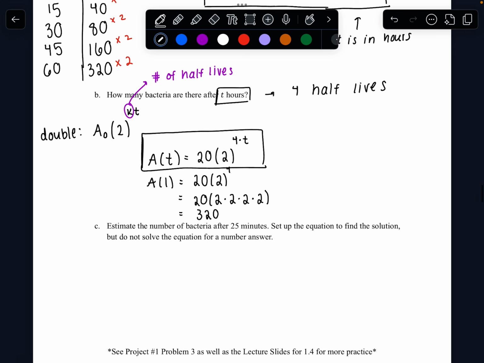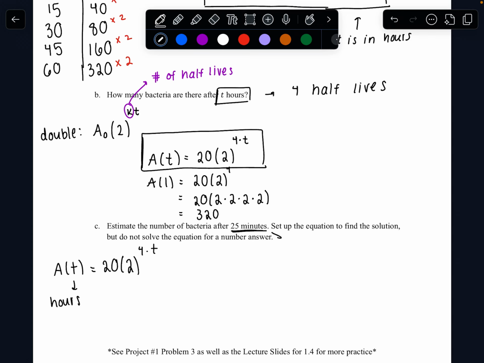Estimate the number of bacteria after 25 minutes. All right, let's use the equation we just wrote in part B. But remember, A of T in this case is in hours. So if I plug 25 right into here, that's going to give me the amount after 25 hours. I don't want that.